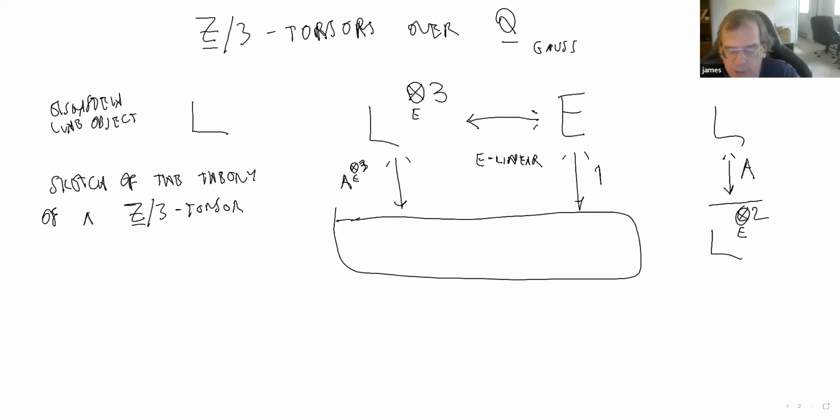Well, it's just a matter of an internal harm versus an external harm. I don't understand it all, so I just want to see what any of this has to do with Z mod 3 torsors over the Gaussians. Well, you take this theory and you harm it into the Gaussian vector spaces. Okay, that's what I was hoping.